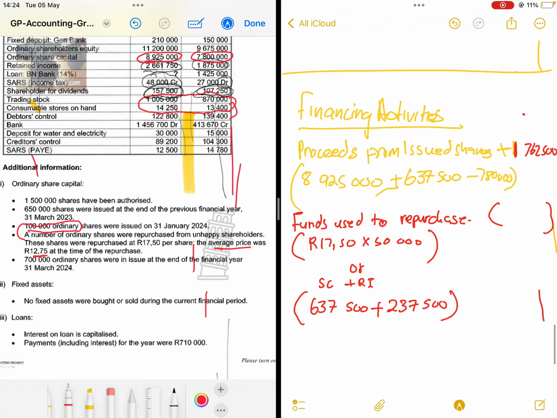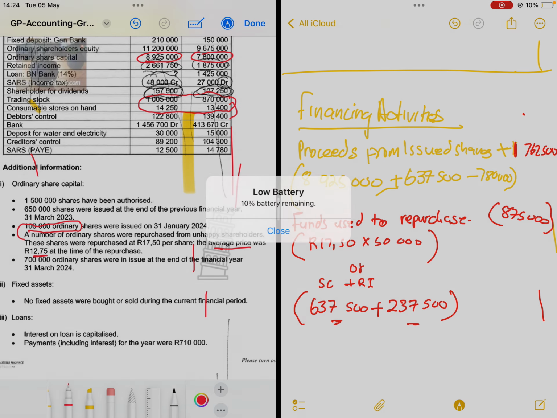So 17.50 times 50,000 gives 875,000. The same applies when you add these two, you get the same figure.